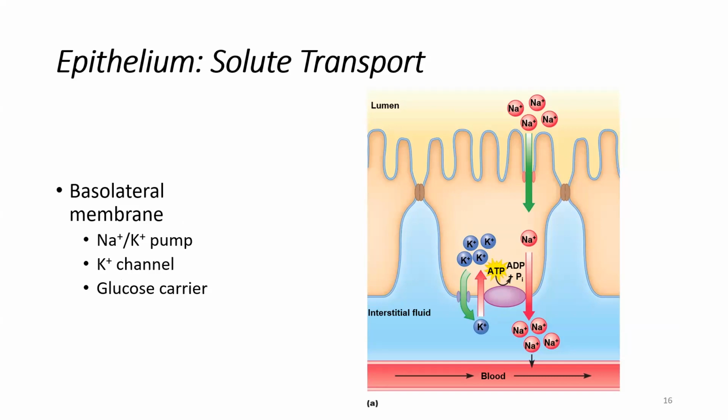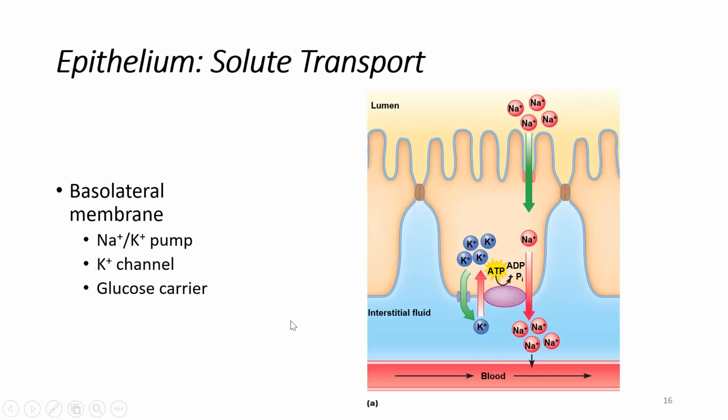Also on the basolateral surface, we have potassium channels, right? We still have to have potassium leaking out of the cell. Remember, according to its gradient, potassium is going to be higher concentration inside the cell, lower concentration outside the cell. And so potassium is going to leak out of the cell according to its gradient via these potassium channels.